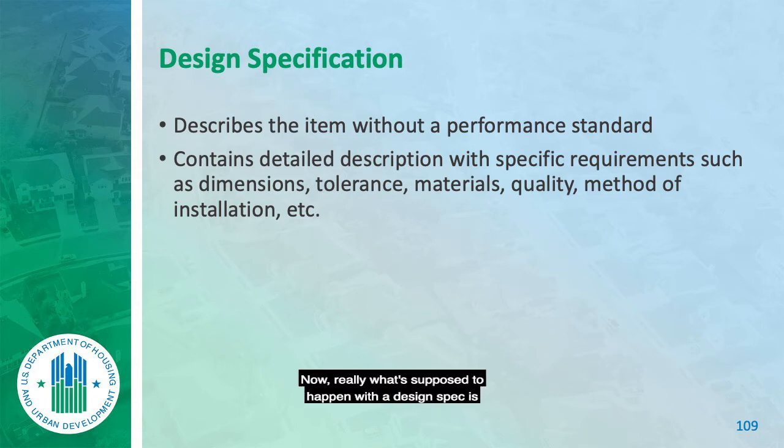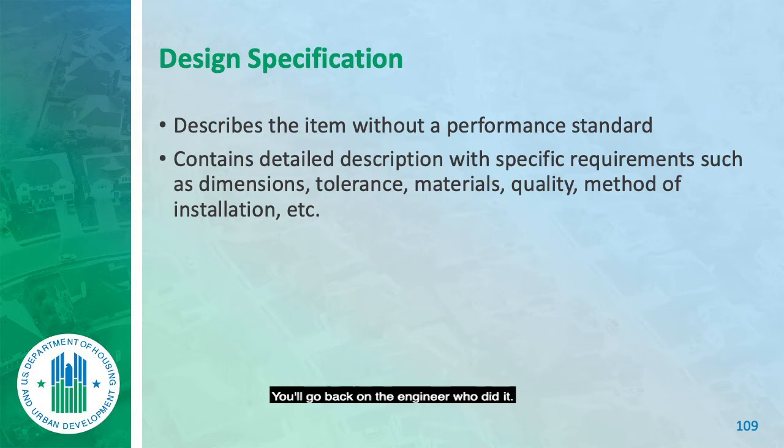Now, really what's supposed to happen with a design spec is they're supposed to say, you've got a problem. You designed a window with a beam going up through the middle of it. And we can move it over here, and the architect looks and says, okay, the engineer did that, fine. We can make that adjustment. And then what do we do? The drawing has to be redone at the architect's expense, of course, or the engineer's, probably.